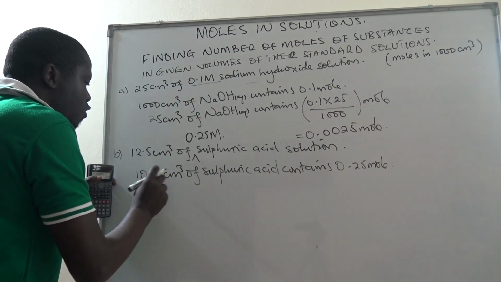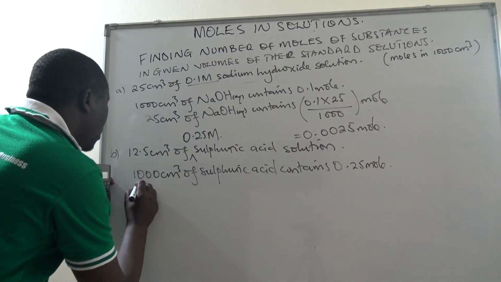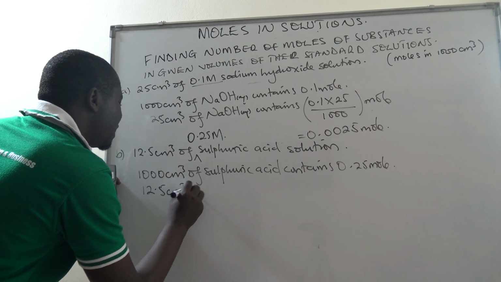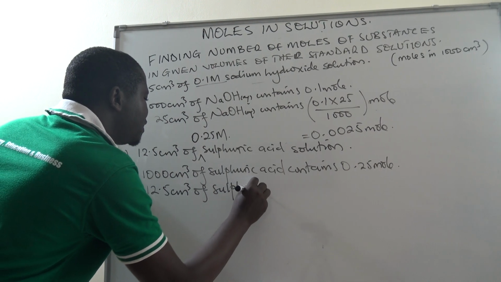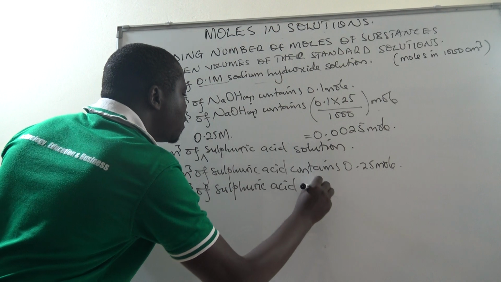So if 1,000 cubic centimeters of the sulfuric acid contains 0.25 mole, then what of 12.5 cubic centimeters of the sulfuric acid solution that we have been given? What does it contain?